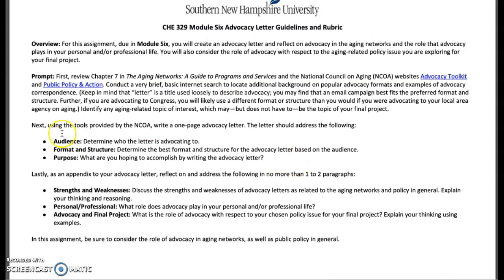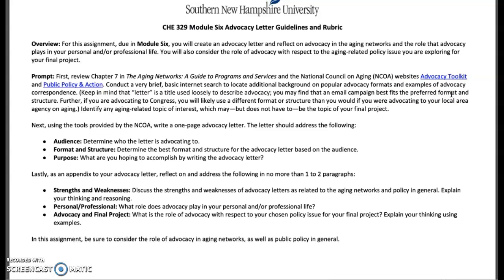With that said, you will first need to review Chapter 7 in the Aging Network, a guide to programs and services, the National Council on Aging website, the Advocacy Toolkit, and the Public Policy in Action website as well. Then you will conduct a brief and basic internet search to locate additional background on popular advocacy formats and examples of advocacy correspondence.